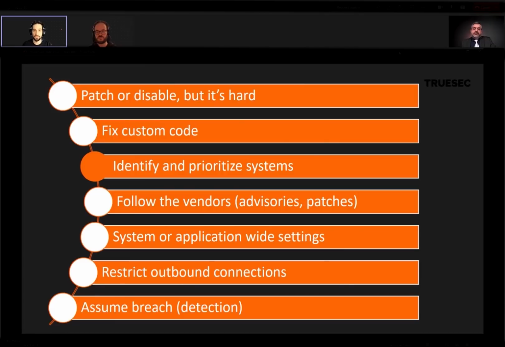Then at least for those, make sure that they are isolated, we'll get back to that, but at least check the vendors for those products and see what they're saying and make sure you follow them. If they have any advisories, workarounds, or maybe already a patch, select those first and follow what the vendors are saying. And just as a side note, if the vendors are not aware, please make them aware. That's also a good point.